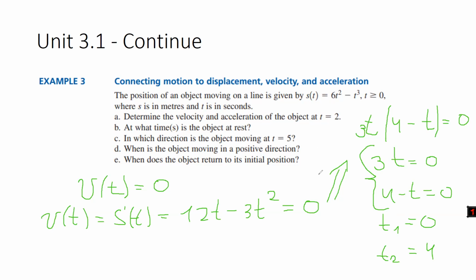So now we can say that the object is at rest at the start of its movement, right? At the beginning, we don't have any velocity. And also at the point of time 4 seconds, we don't have any velocity. What other interesting thing should we state?